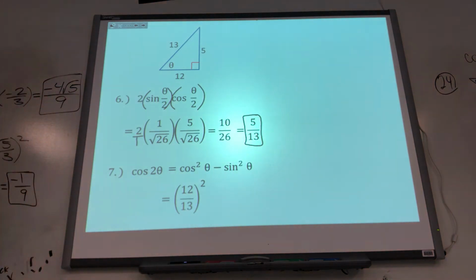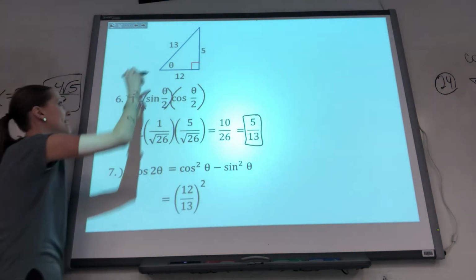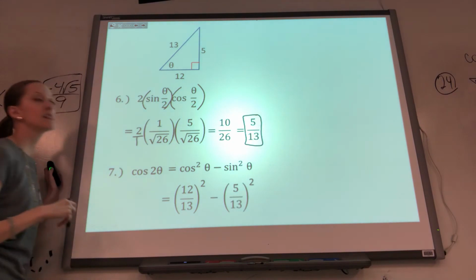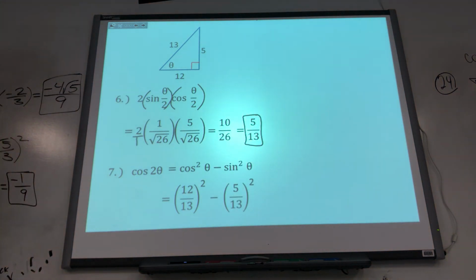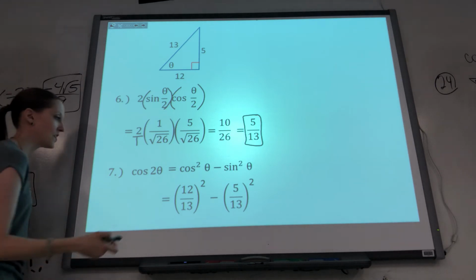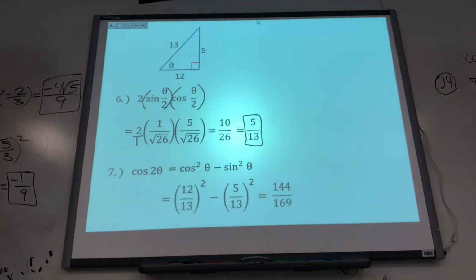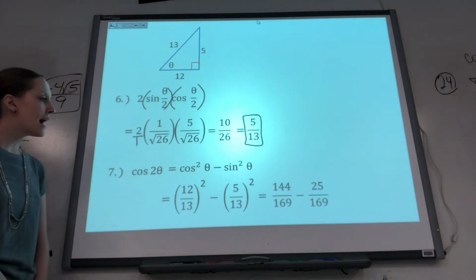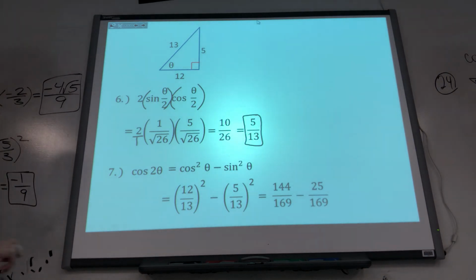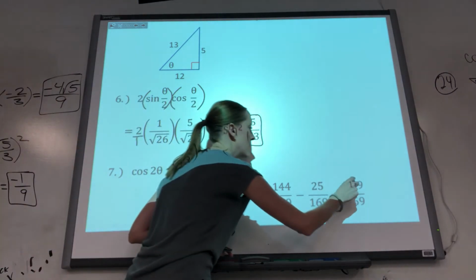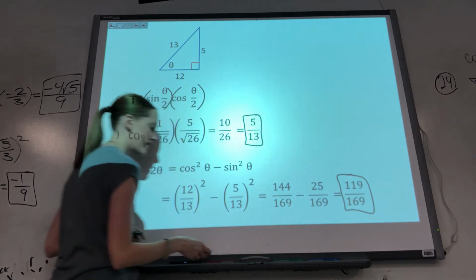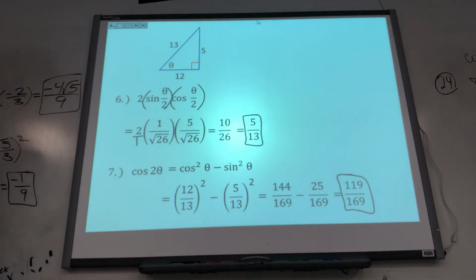So that's what you need to square first. Minus sine, which is 5/13 squared. You can't go back and use a half angle on this problem because you don't want half angles. Now, I'll take 144 divided by 169 minus 25 over 169, and I think that gives you 119 over 169.